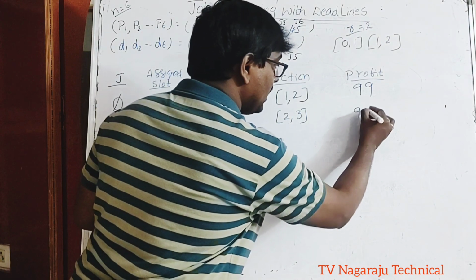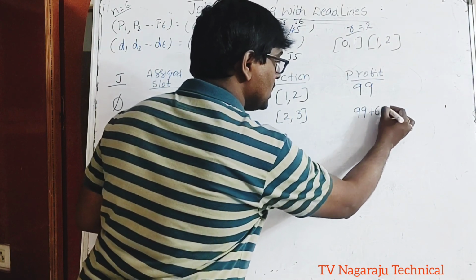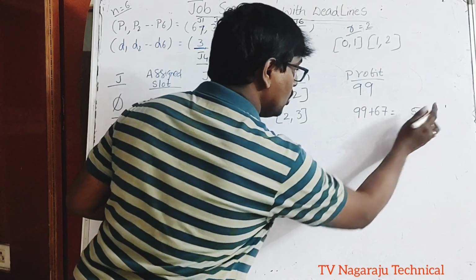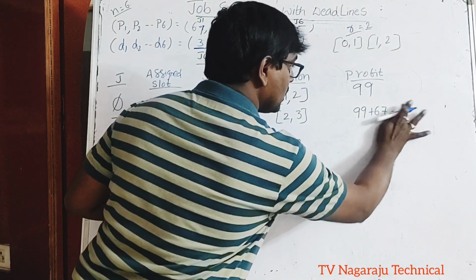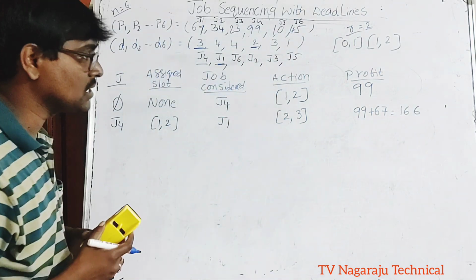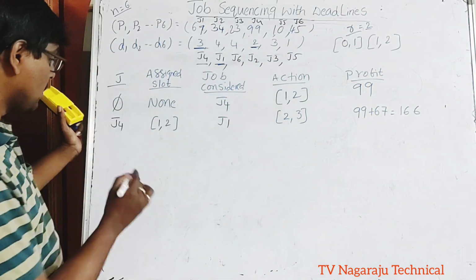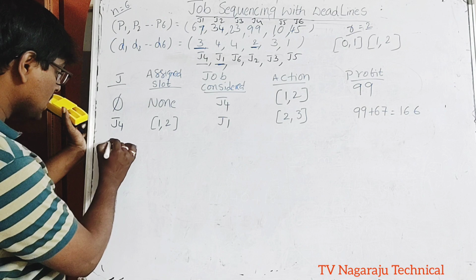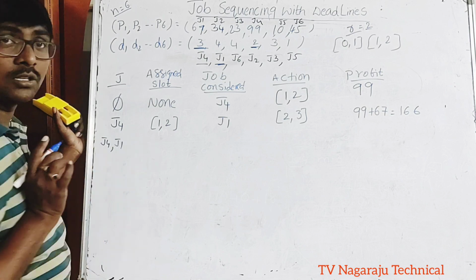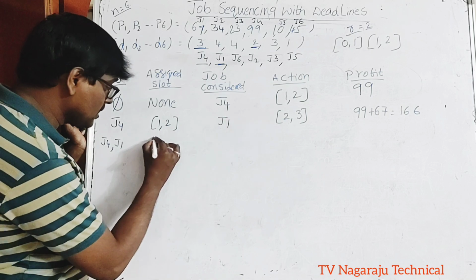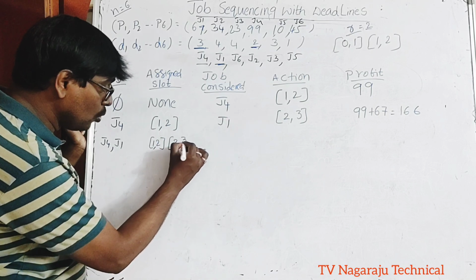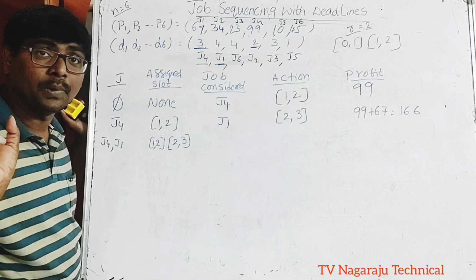So 99 plus 67, the value is 166. Now which jobs are completed? J4 and J1. What are the slots that are completed? 1 to 2 is completed, and now 2 to 3 is also completed.